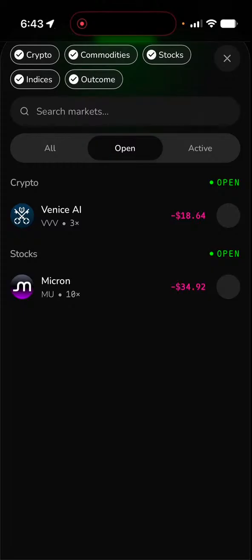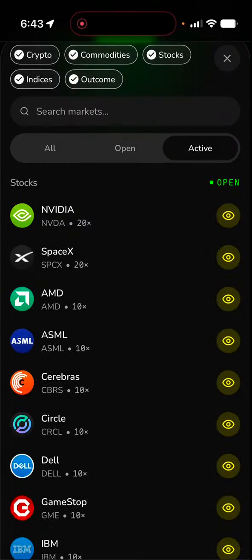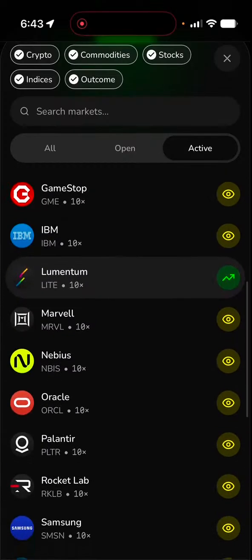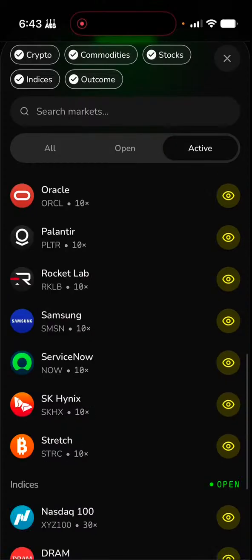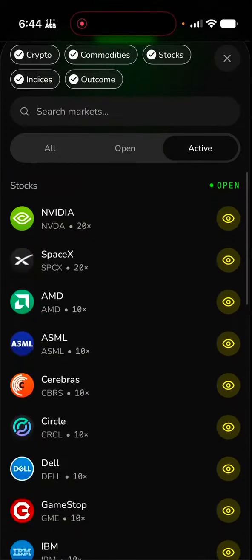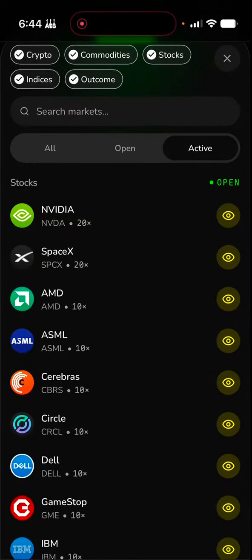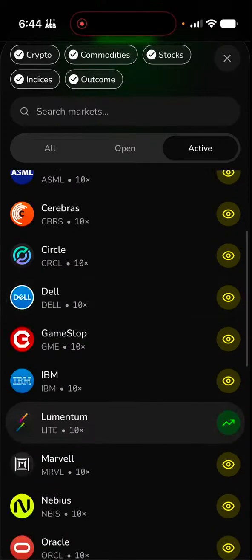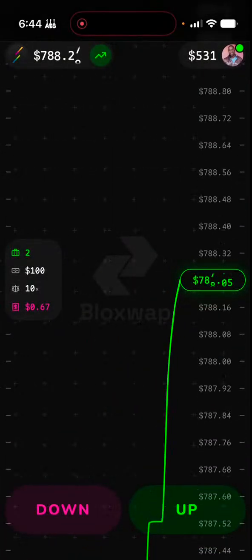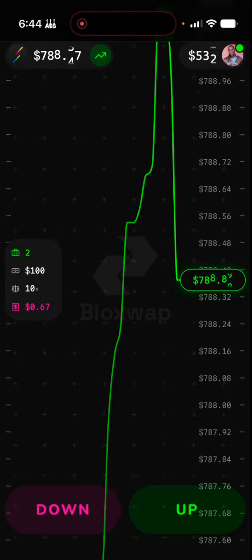So I've had these open for a couple of days. One of them is Micron, the other one's Venice. And then you can see which positions are actively generating signals. So we were just trading Lumentum, but you can see all of the different assets that have active signals, whether the system is watching them or, for example, in the case of Lumentum, the system is noticing an uptrend in Lumentum. So that's that page.